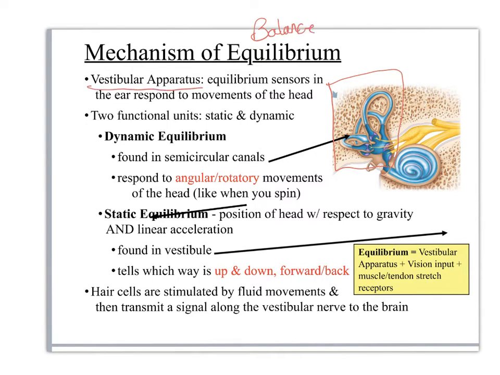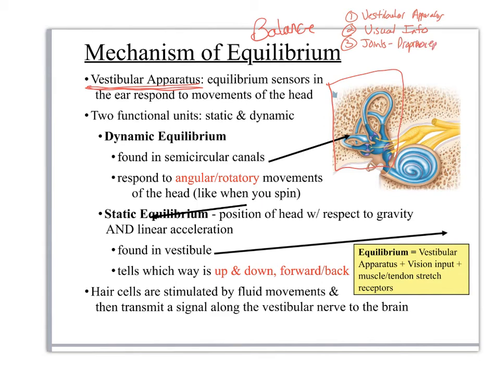This is called the vestibular apparatus, okay? Now, you don't actually just use this for equilibrium. We have three parts. You've got the vestibular apparatus. You have visual info. And you also have in all of your joints proprioceptors.